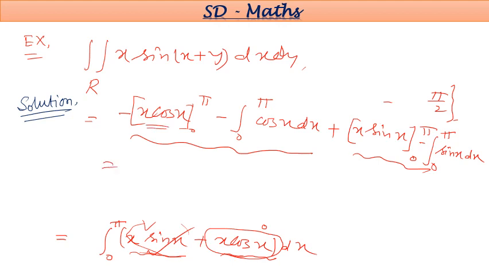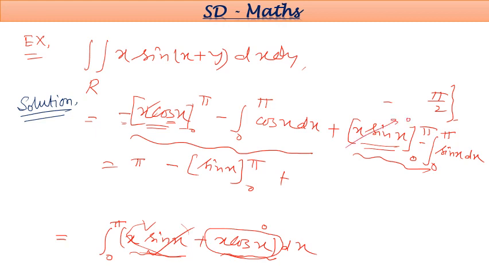Putting the value of x as pi, it will be pi, since we all know that cos pi is -1, and this is pi. There is another minus, so minus minus plus, it will be plus pi. A simple calculation, and then minus something 0, and then minus sin x with the limit 0 to pi, plus x sin x from 0 to pi.